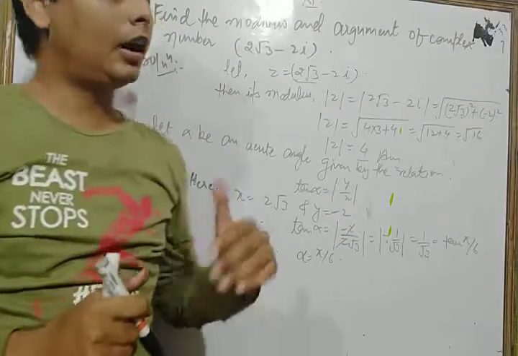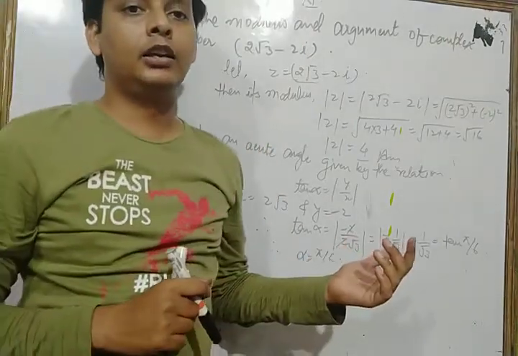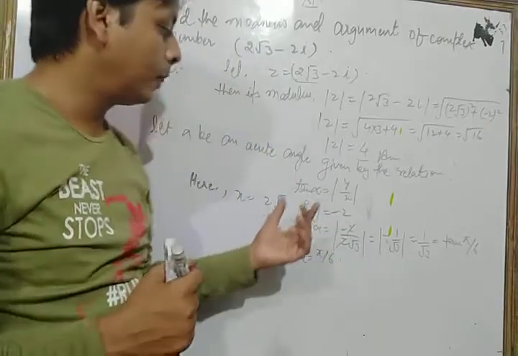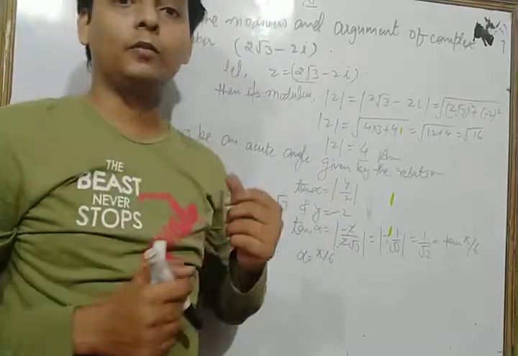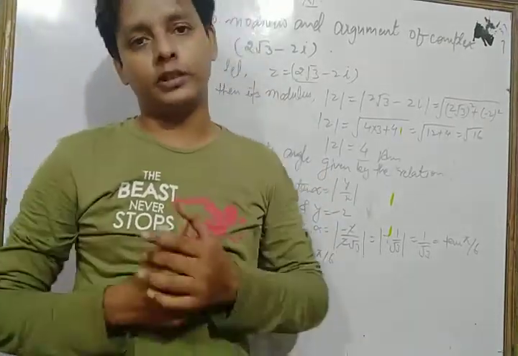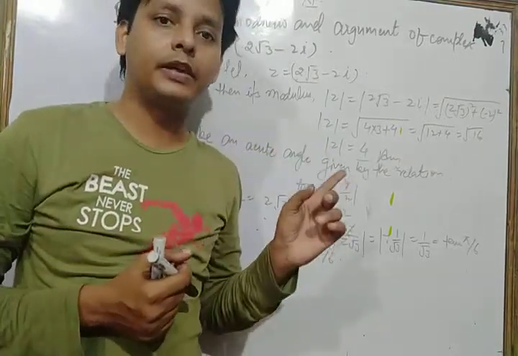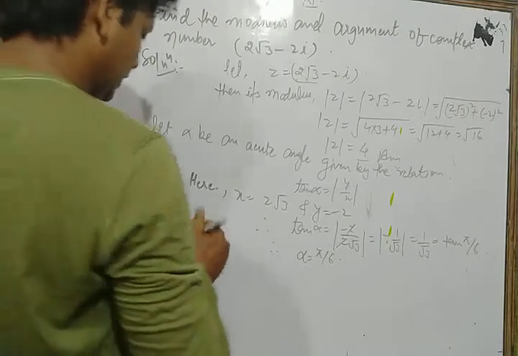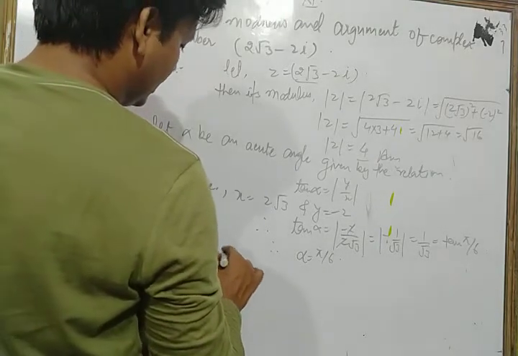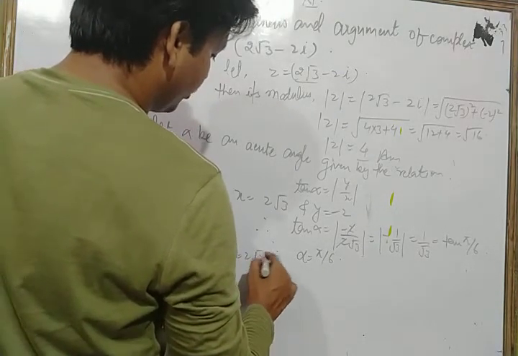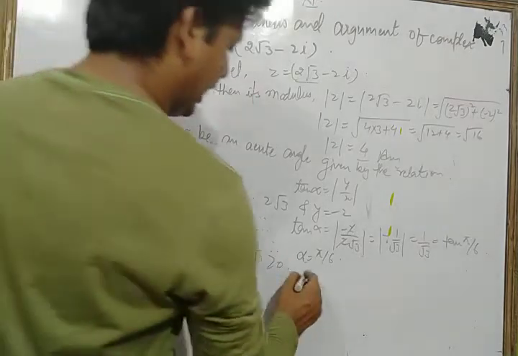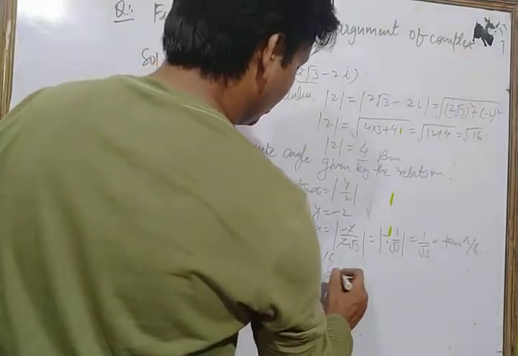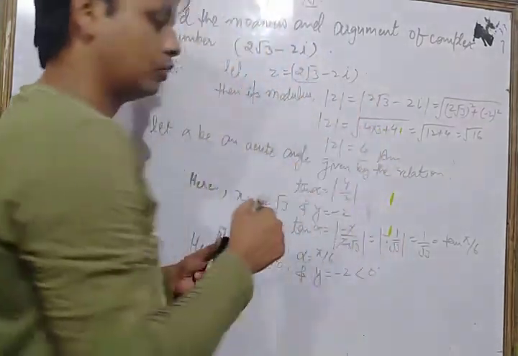Now after that, dear students, we observe in which quadrant of the Argand plane the point xy lies. Here x is equal to 2 root 3, which is greater than 0, and y is equal to minus 2, which is less than 0.